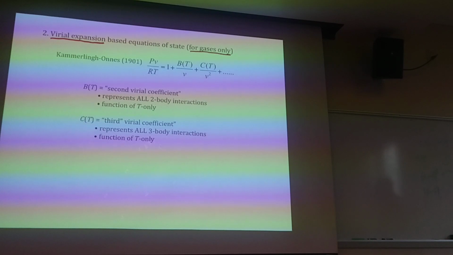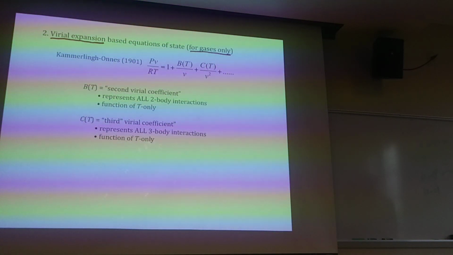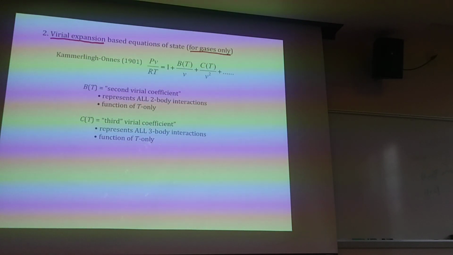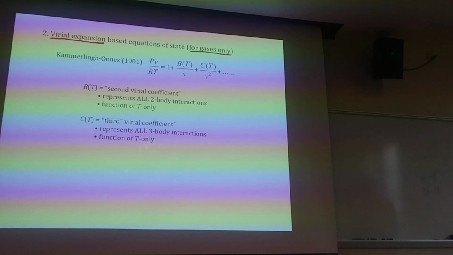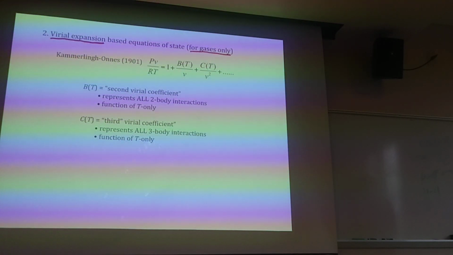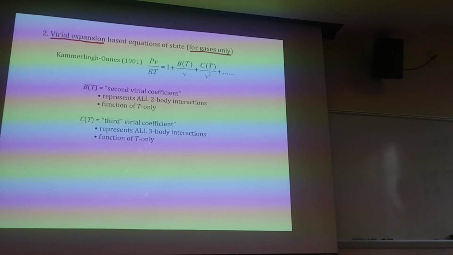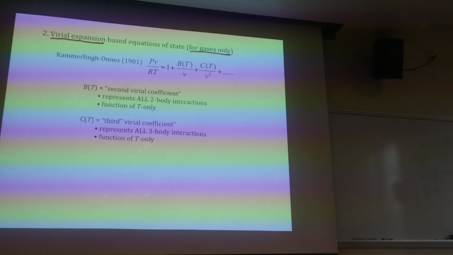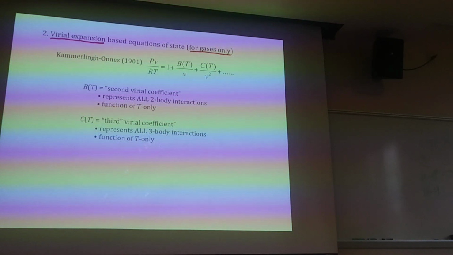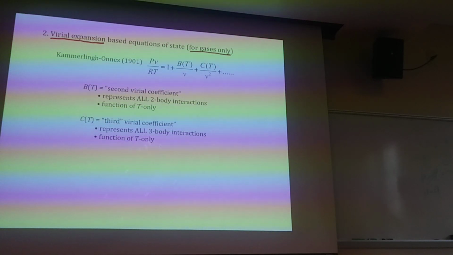And even at very, very high density, we end up with the overwhelming greater importance of two-body interactions. So seldom does the third virial coefficient account for more than, say, 10% of the behavior. And it makes no sense at all to carry it on, but there's nothing that says in principle you couldn't go on to the fourth and fifth and sixth. You can have as many virial coefficients as you want, representing four-body, five-body, and so on interactions.